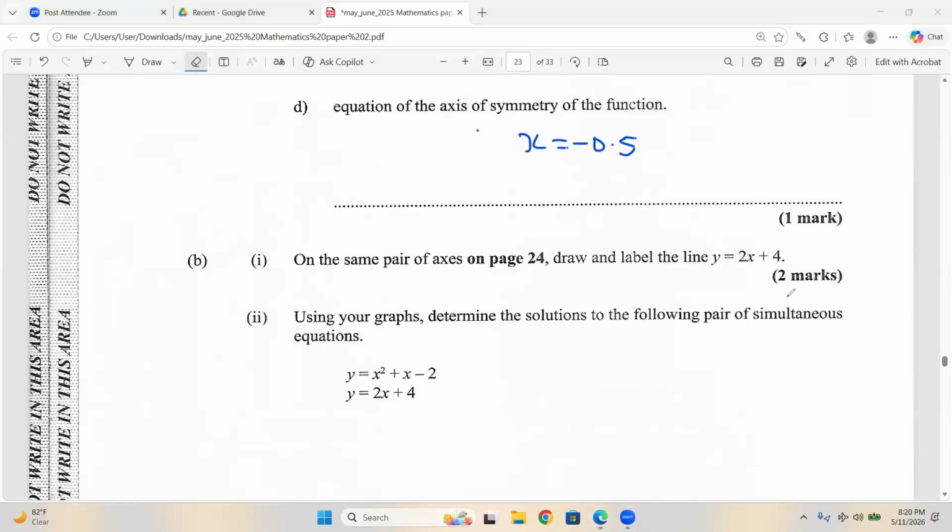We need 2 points. So how do we get 2 points? Some of you may remember, I think yesterday somebody asked me something about this, it wasn't the same question, we were doing something with straight line graphs previously. So y and x represent the x and y coordinate of a point.